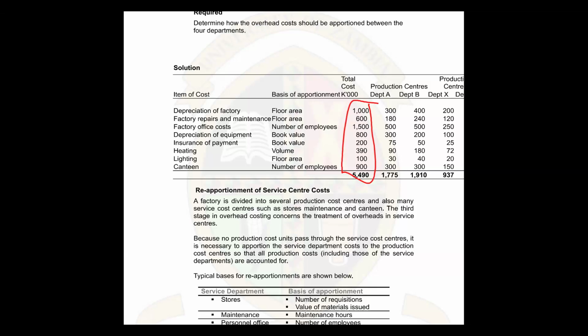All these are just total overhead costs, but they need to be shared among the different departments that we have. We explained in the previous conversation how this process of allocation is done, and this is what we call cost apportionment.